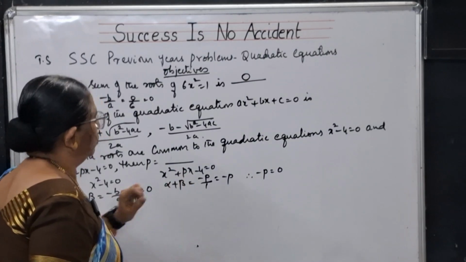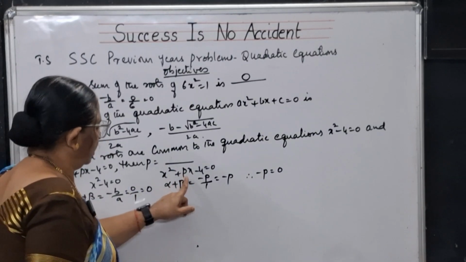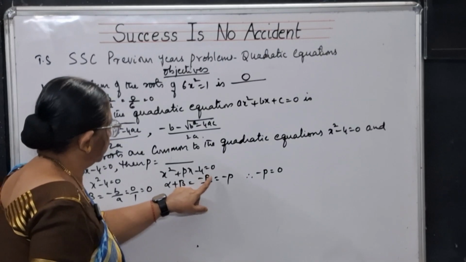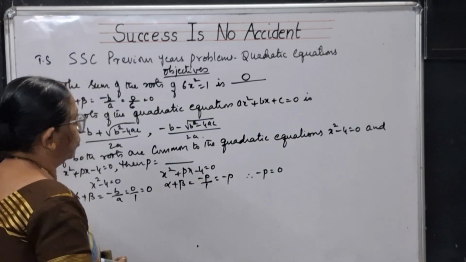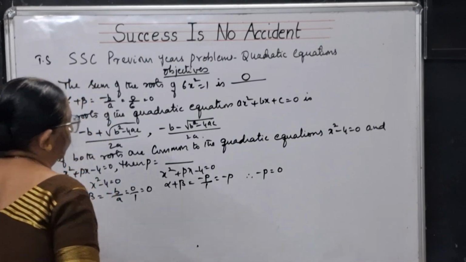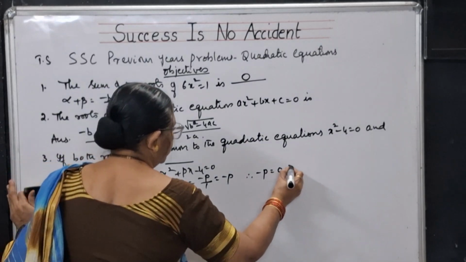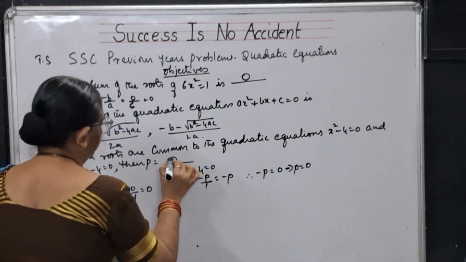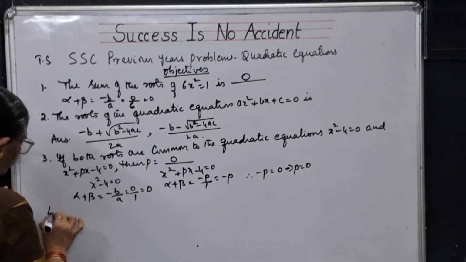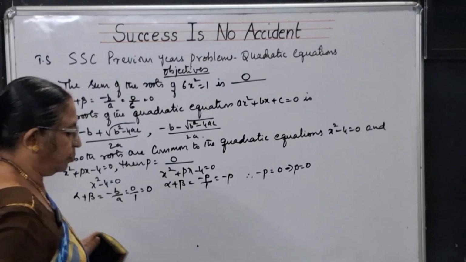Here there is a coefficient of x which is p. So alpha plus beta is minus b by a, minus p by 1. So minus p is equal to 0. This implies p value is 0. So this is the third problem.